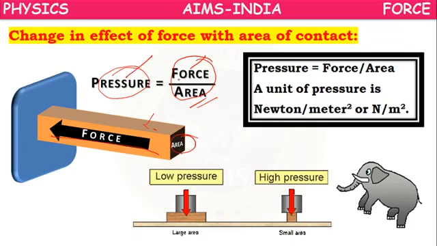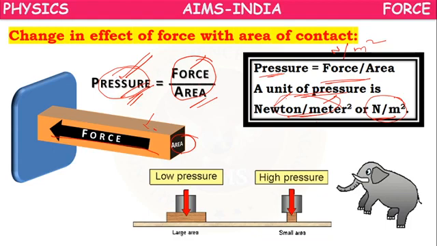So with the help of force, we have developed a new concept called pressure. Pressure means force by area, and the unit of pressure is, force in newtons and area in meter square, so Newton per meter square, or in symbols N/m² also we can write.